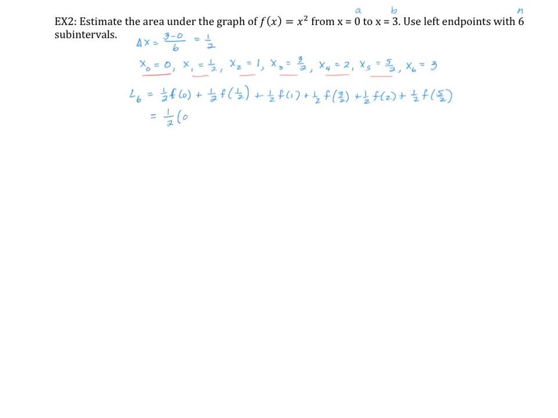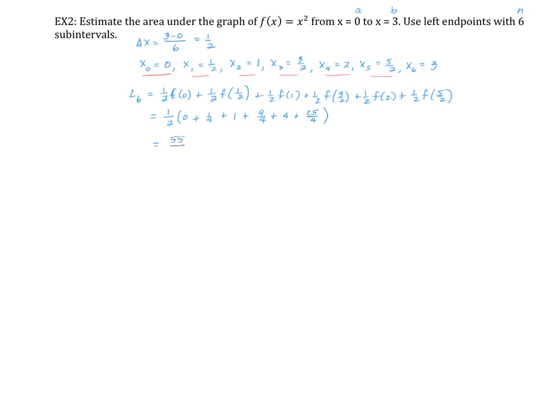We're putting it into our function, plus f of 1/2, so 1/2 squared is going to be 1/4, plus f of 1 is just 1, plus f of 3/2 is going to be 9/4, plus f of 2 is 4, plus f of 5/2 is 25 over 4. And that's just going to be 55 over 8.